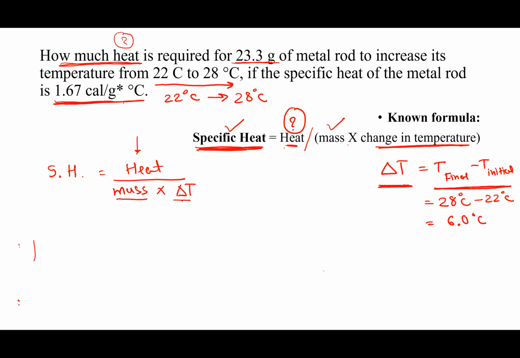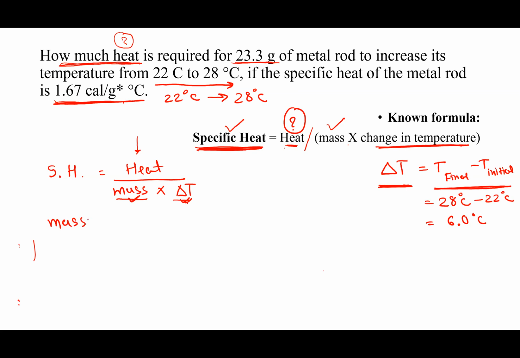So it has a mass and it has delta T. If we have to find heat, it means we need to isolate heat by itself on one side of the equation, and everything else, in this case mass and delta T, must be on the other side. Because mass and delta T are in the denominator, we're going to multiply mass and delta T on both sides of this equation.